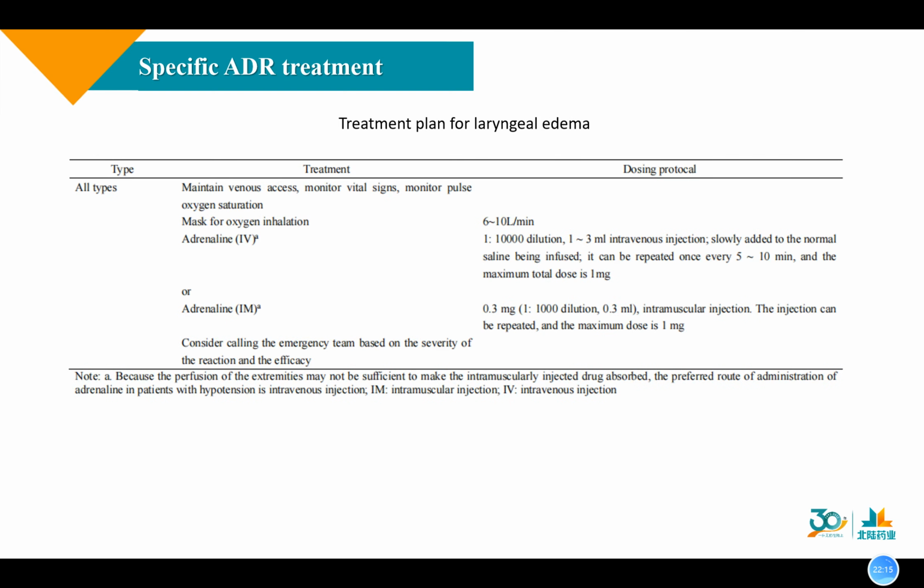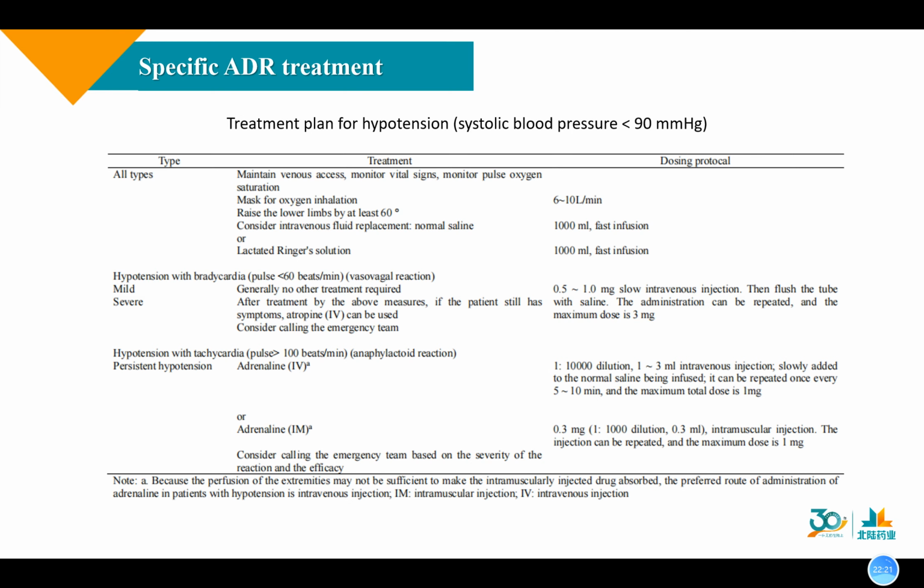This is the treatment plan for laryngeal edema. This is the treatment plan for hypotension, systolic blood pressure less than 90 mm of mercury. The specific treatment plan is not introduced in detail here. You can read it offline. These treatments are for reference only and are determined according to the patient's specific condition.